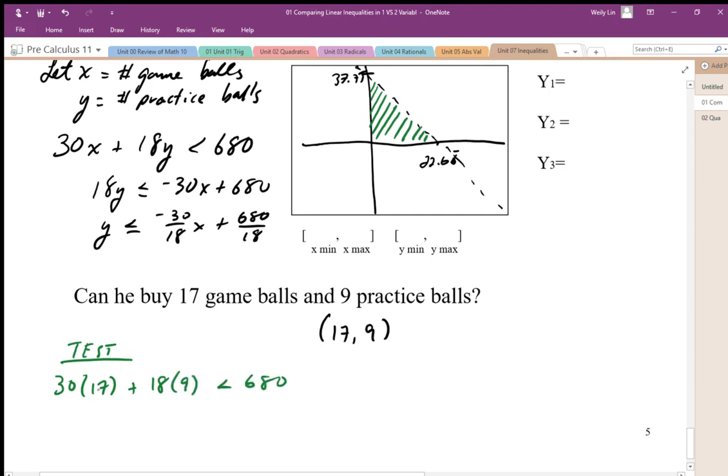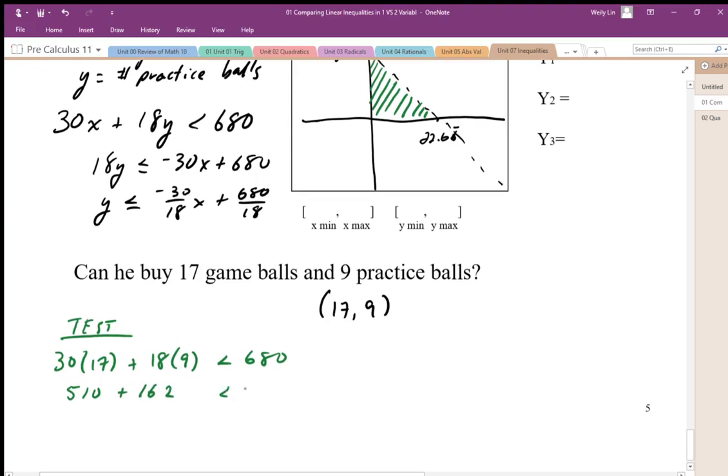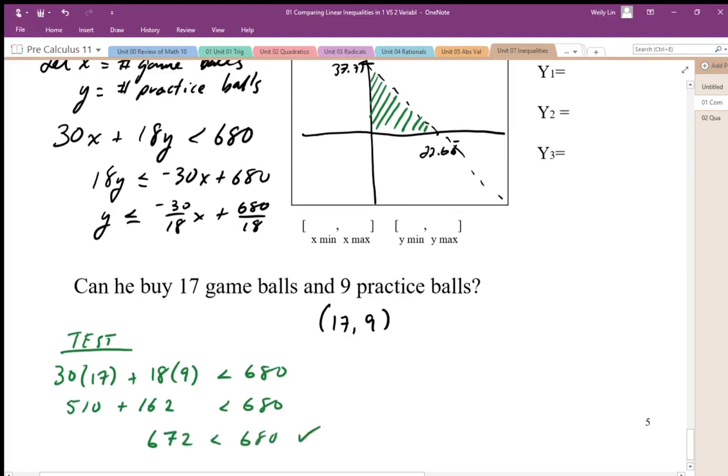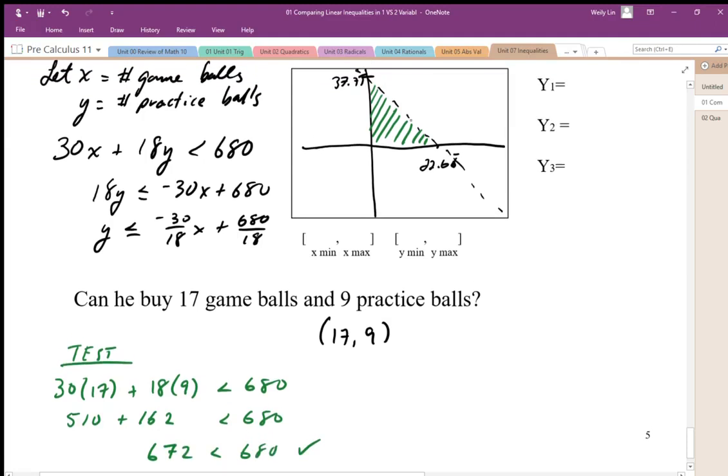So this is going to be 510. 18 times 9 is going to be 162. And this is going to be 672, and that is less than 680, so that is perfectly acceptable. So 17 and 9 is near the boundary, but it's still within the boundary area.